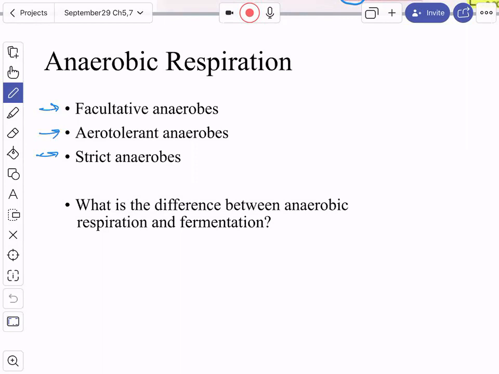So what's the difference between anaerobic respiration and fermentation? Those terms are typically confused because both these processes don't require oxygen, so sometimes they're categorized together, but they're very different processes. The difference is what happens to pyruvate.